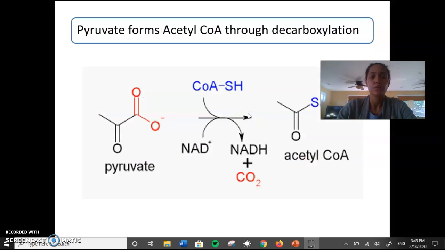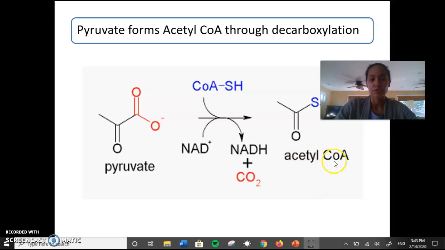When we continue on, we have pyruvate being made into acetyl-CoA to get ready for the citric acid cycle. And NADH is formed in this step as well. So through the oxidative decarboxylation of pyruvate, 2 NADH molecules are created, plus carbon dioxide.